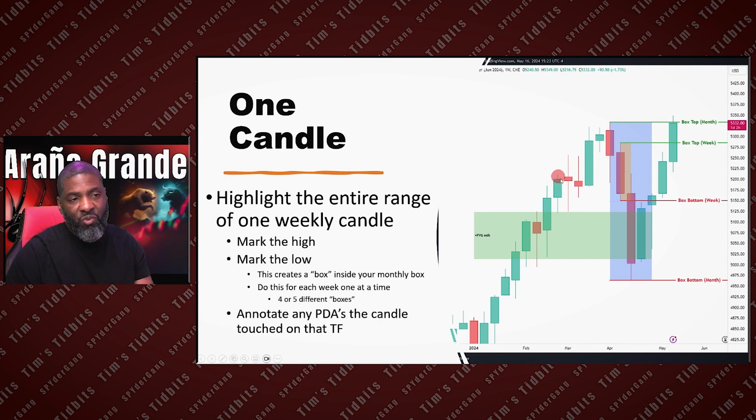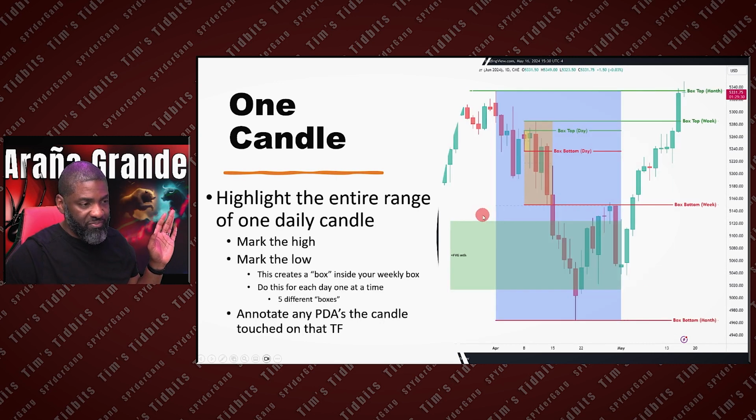You can annotate the order block here if you wanted to, but I try to focus on imbalances and liquidity. That's my thing. But any PD arrays that it comes in contact with that are a part of your trading strategy, you want to highlight to see how it interacts with it. Now, I've beat that horse enough.